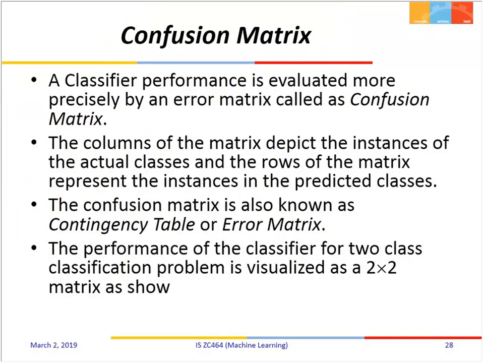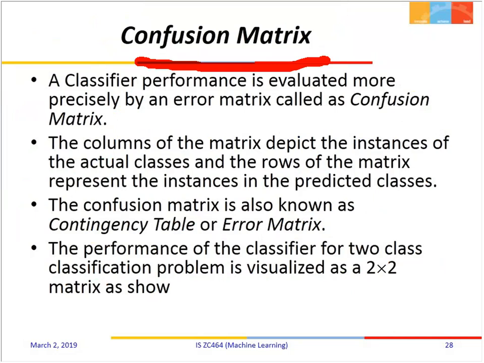So then there is one more method of understanding the classifier performance. It is known as confusion matrix. A classifier performance is evaluated more precisely by an error matrix called confusion matrix. The columns of the matrix depict the instances of the actual classes, and the rows of the matrix represent the instances of the predicted classes.